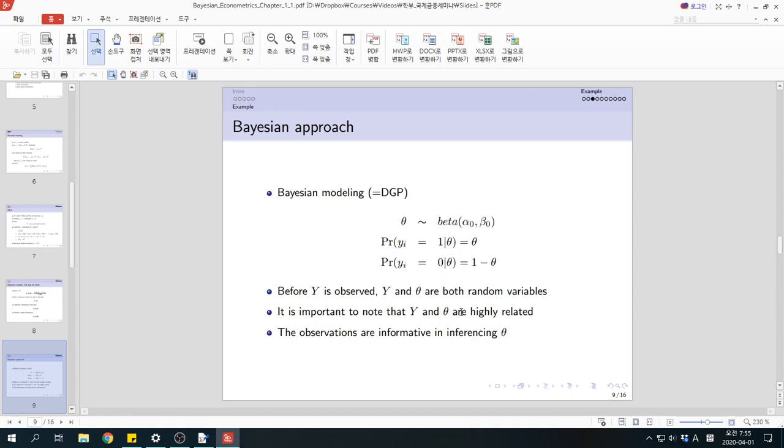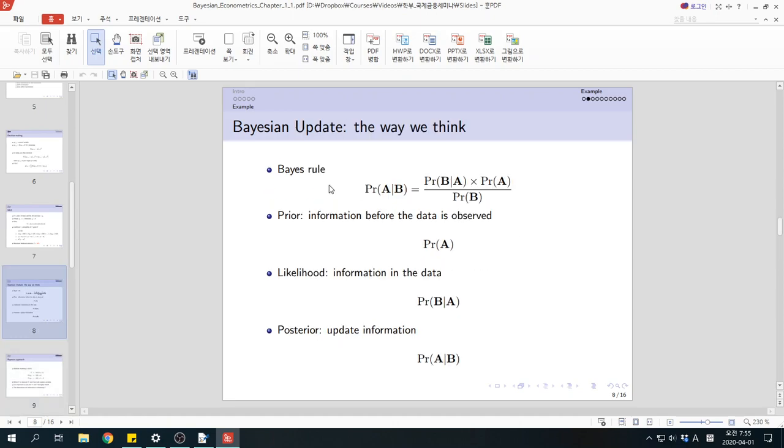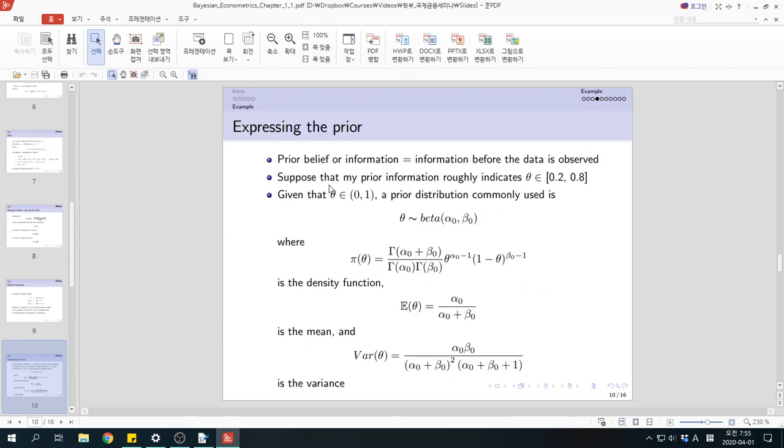So you should be able to make a better guess about theta using the information in y. The question is how to update our belief about theta. We can do this using Bayes rule. Okay, let's do this.